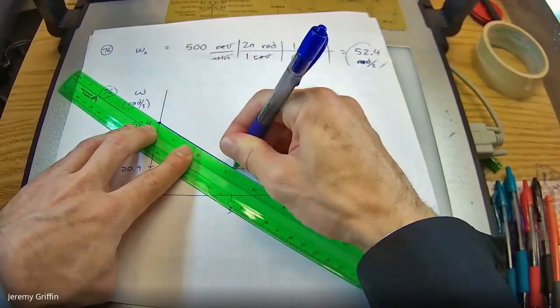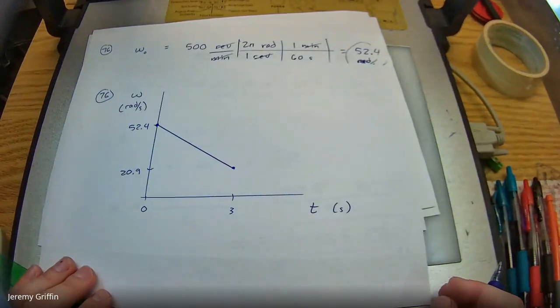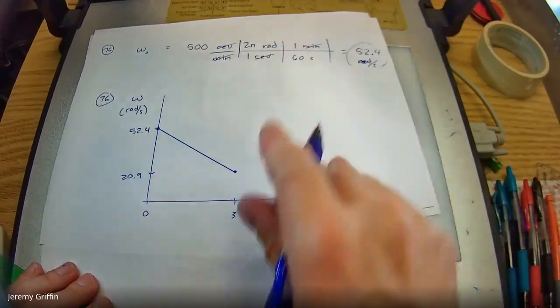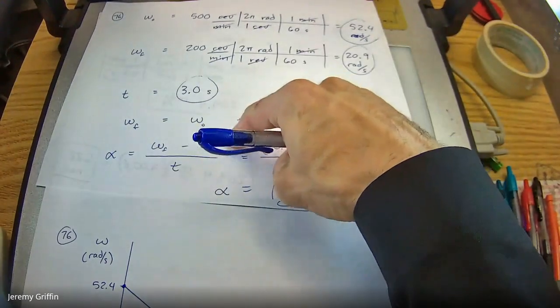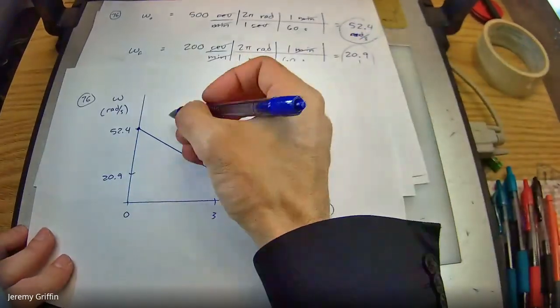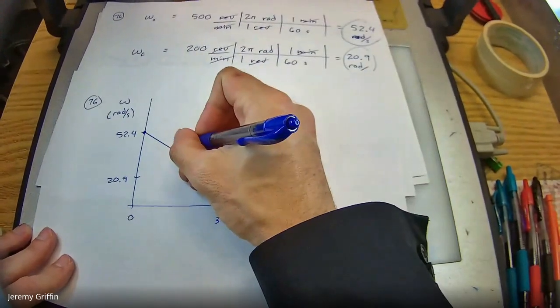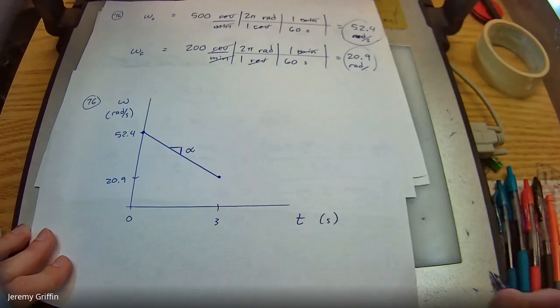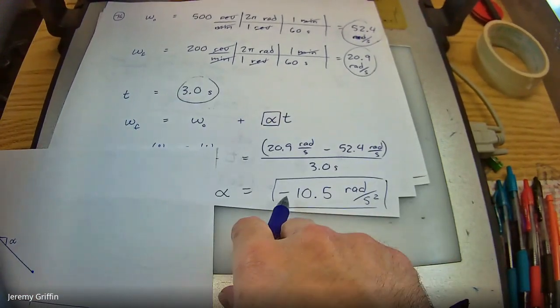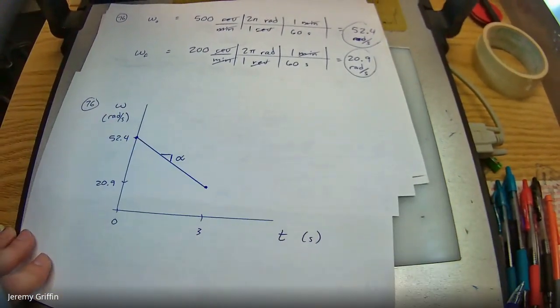Now, as long as you assume uniform angular acceleration, it would be that, right? And actually, look at what we just found. Change in omega divided by the time interval. Isn't that like rise over run of this line? Doesn't this line right here also represent alpha? Right, the rate that it's slowing down. Oh, and also it's negative. Look at that, because it's a negative slope. Okay.